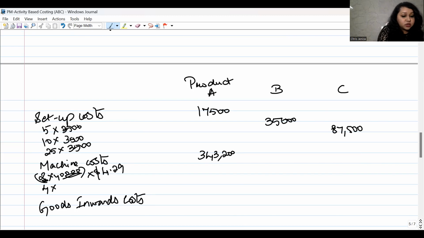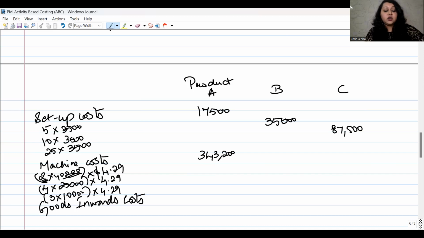So 4 hours into 25,000 units into the same $4.29. Then we had product C, which had incurred 3 machine hours into 10,000 units, same $4.29. Now this amount would be around 4,29,000, and this one around 128,700.